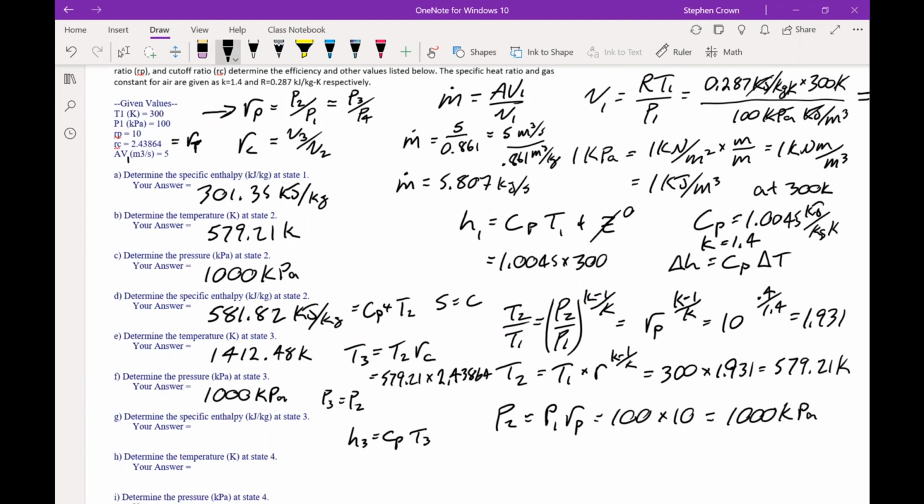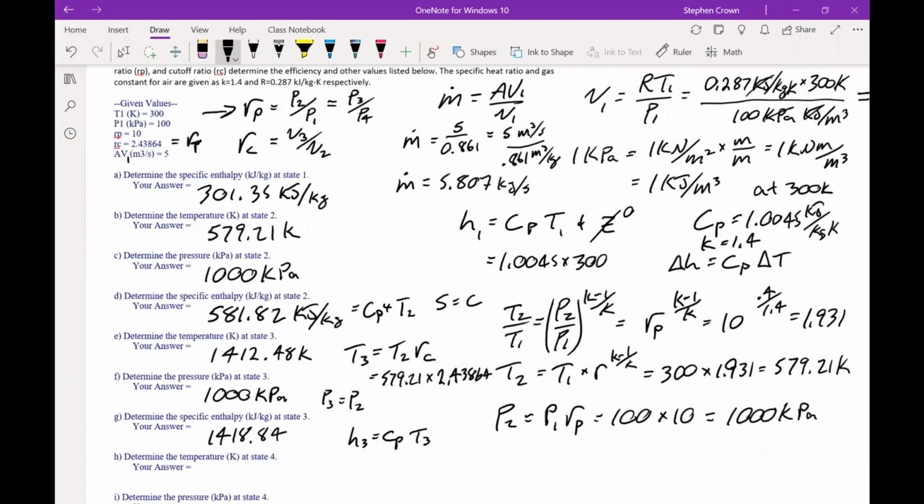And then multiplying that times 1.0045, I get 1418.84. I think I jumped ahead and looked at the answer for the enthalpy.